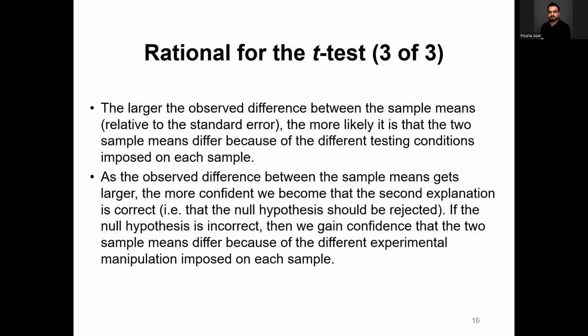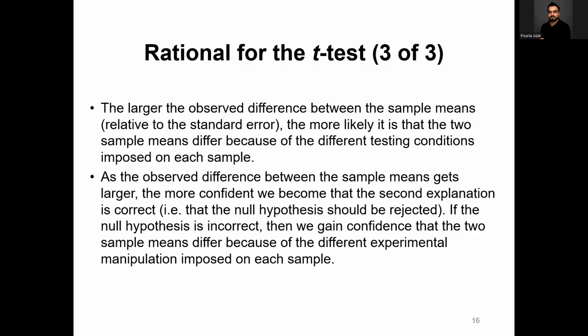So the larger the observed difference between the sample means, relative to the standard error, the more likely it is that the two sample means differ because of the different testing conditions imposed on each sample.